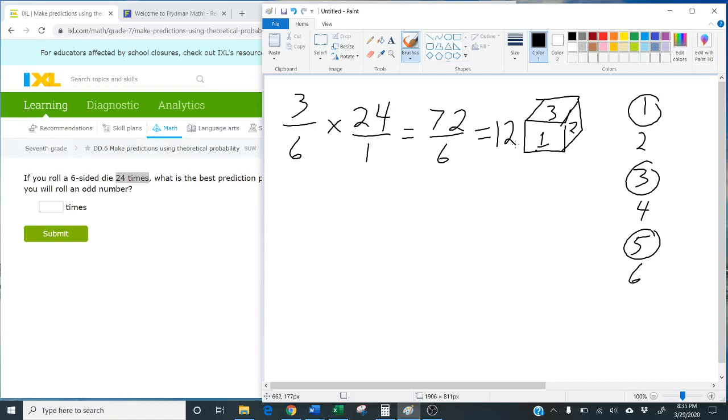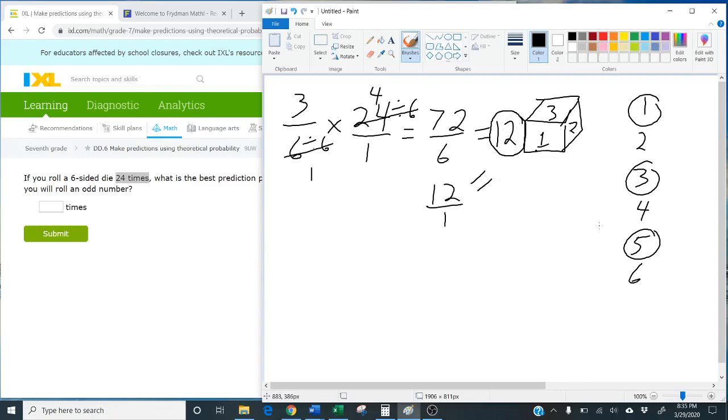We also could have reduced this. So if we divide this by 6 and divide this by 6, then we get a 4 here, and we get a 1 here, and 3 times 4 is 12, and 1 times 1 is 1, and 12 divided by 1 again is 12. So that's another way that we could have done that.